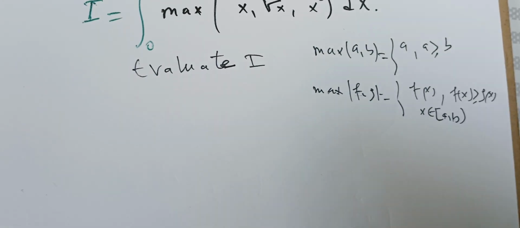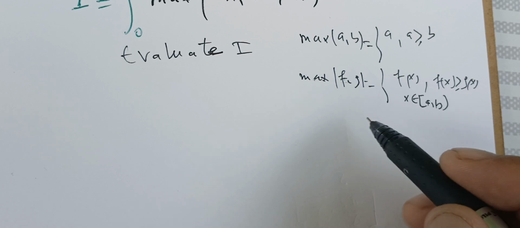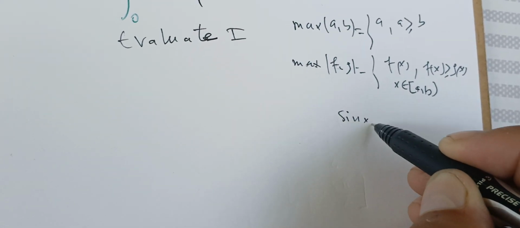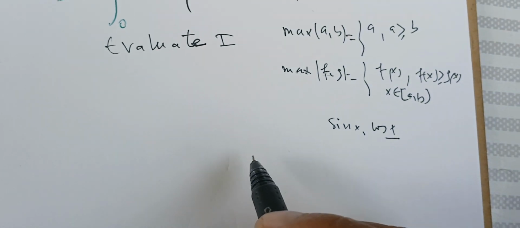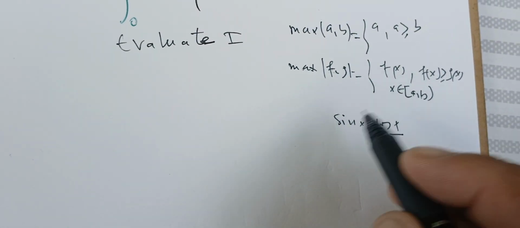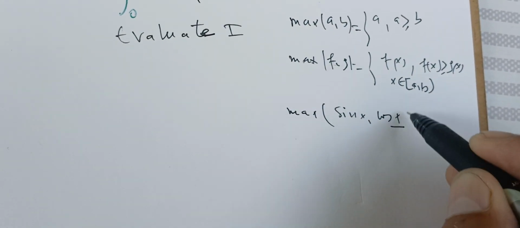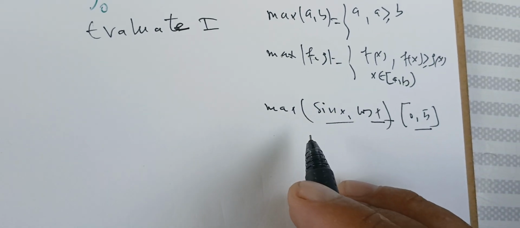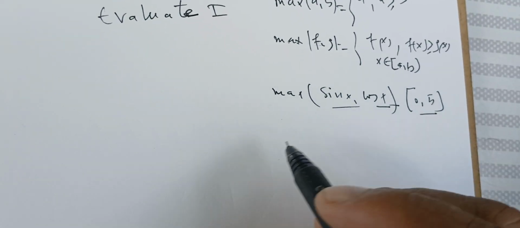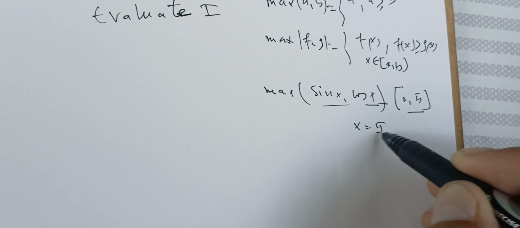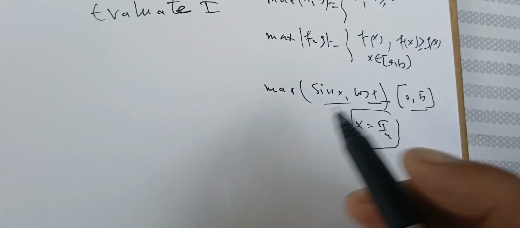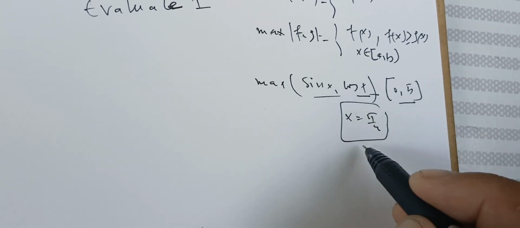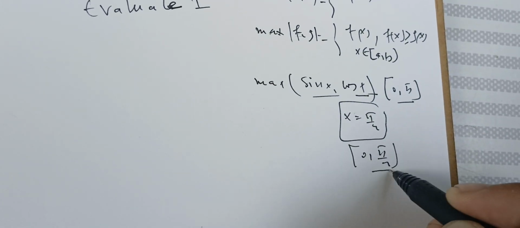One of those cases is the functions sine x and cosine x. If we want to find the maximum of these two on the interval 0, pi, we know that these two are equal when x is pi over 4. And we know that the cosine is bigger than the sine on the interval 0, pi over 4.